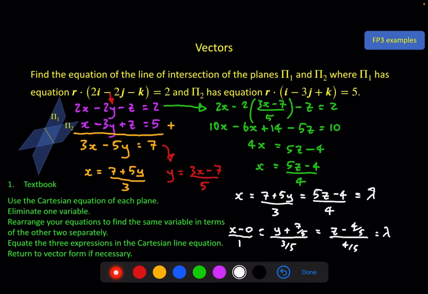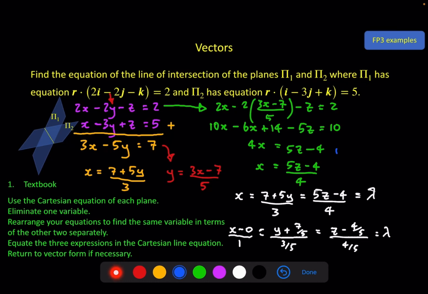And then we can put that into vector form again by remembering that these numbers here, 0, 7 over 5, minus 4 over 5, are the values of the a vector, and the numbers underneath are the values of the b vector. So if you want this in vector form, I've almost run out of colours. Let's put it in blue.